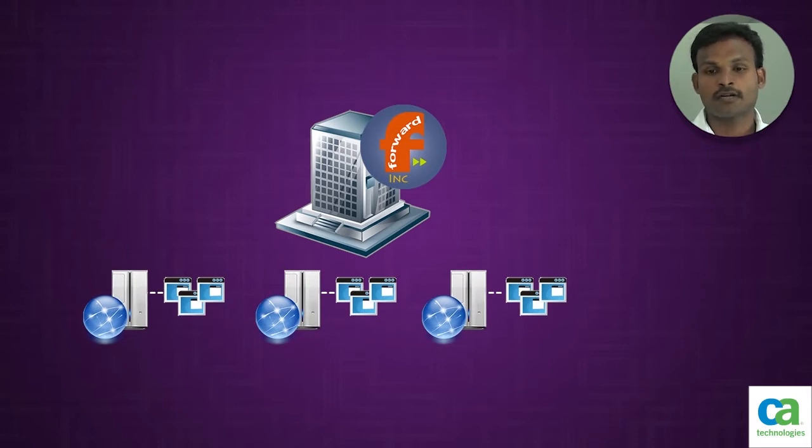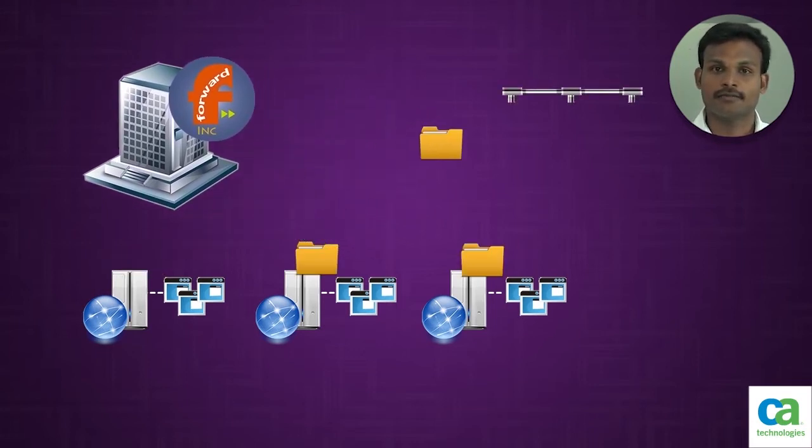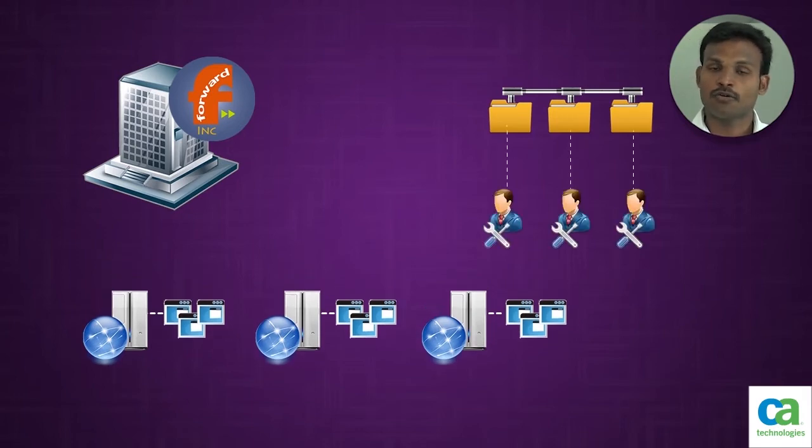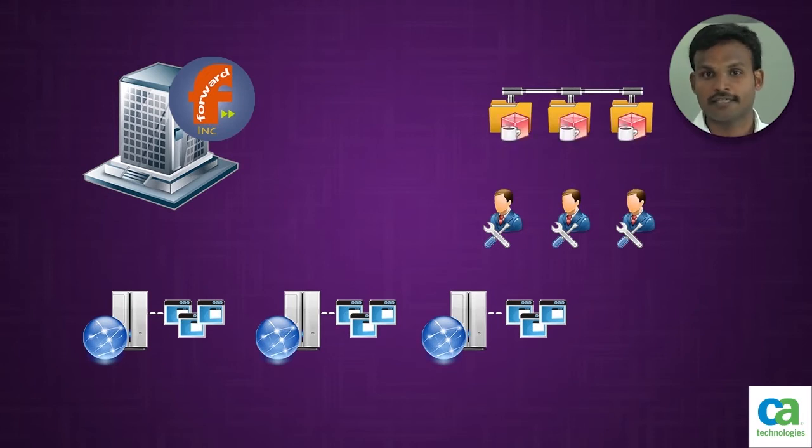So there are a combination of web servers that are being used by Forward Inc. Corporation, and you have different groups of web server administrators residing in your organization who actually maintain these web applications day in and day out. Now, the objective is to make sure that only the administrators of these web applications have access to these specific folder structures where all the jar files and the respective code artifacts are residing.